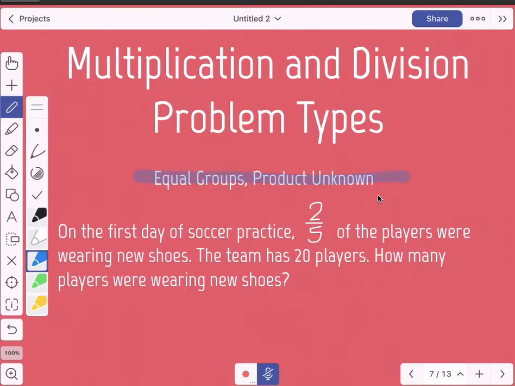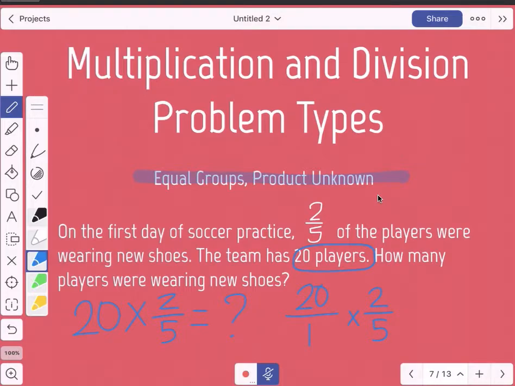So we know how many players, that's the how many groups, and we know the size times 2/5. What we don't know is the product, okay? So if I multiply that, I can do 20 over 1 times 2 over 5.